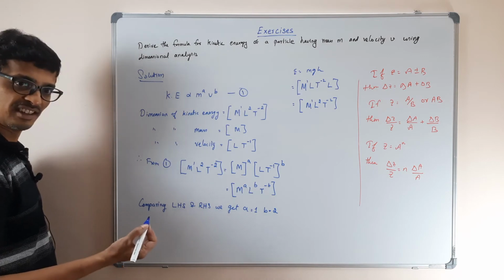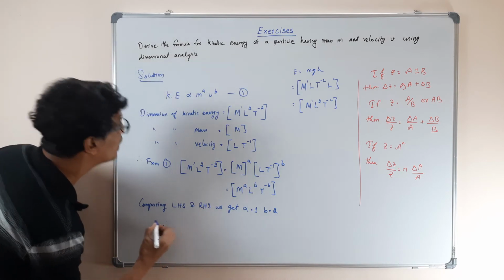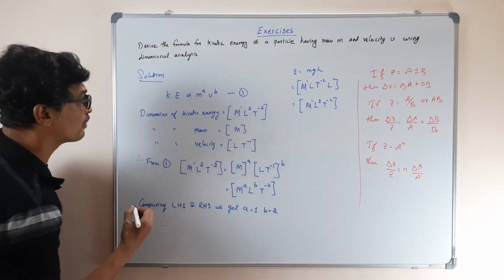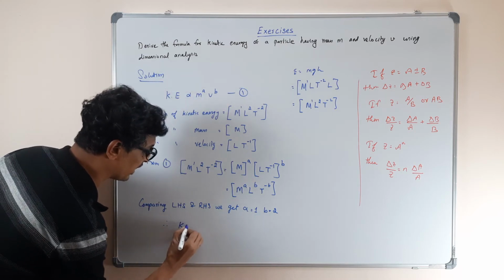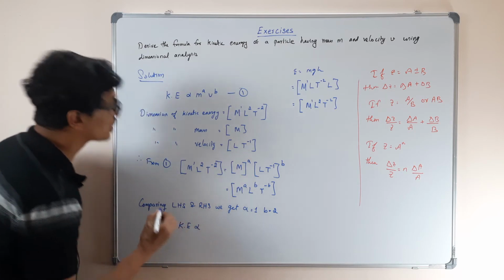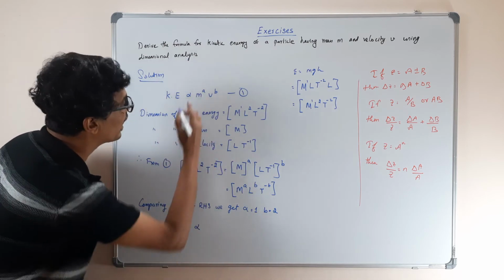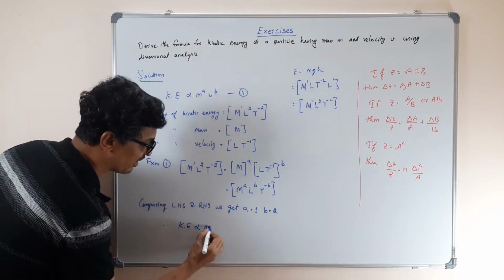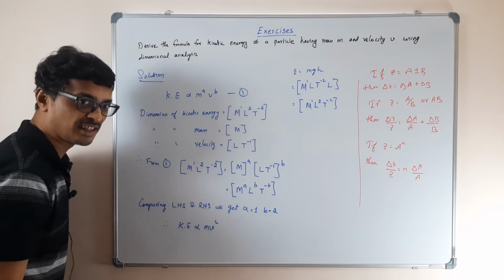That's it. Correct. Therefore, kinetic energy will be proportional to m v square. You remember the formula? That is the formula.